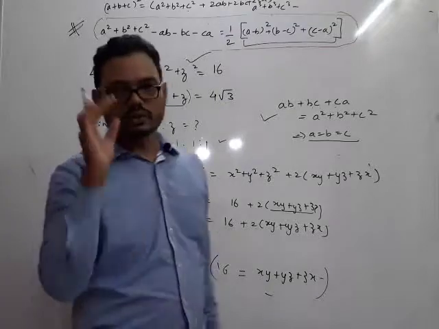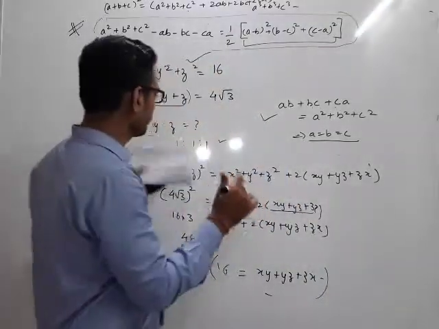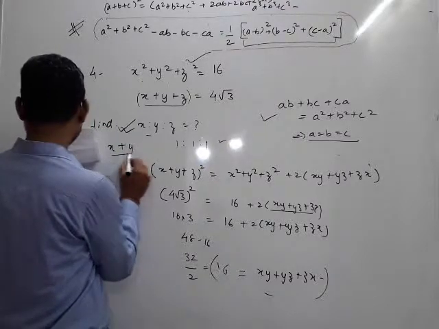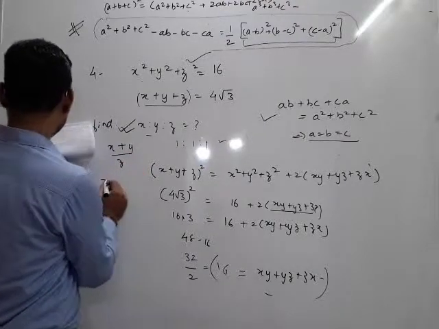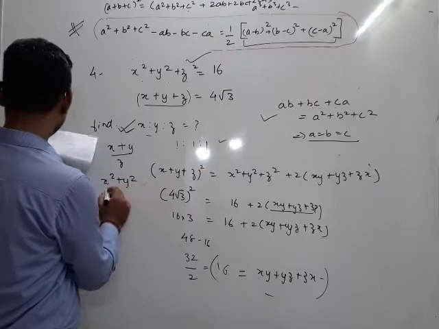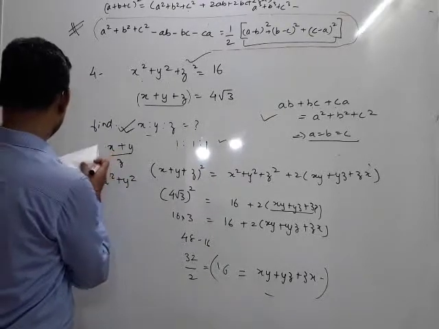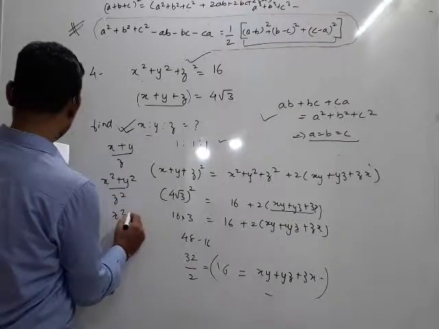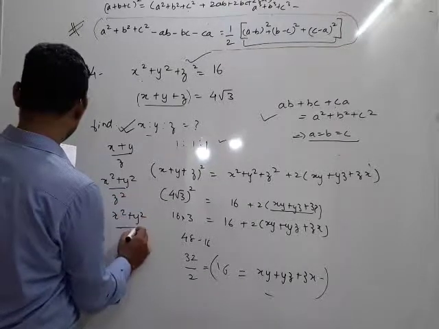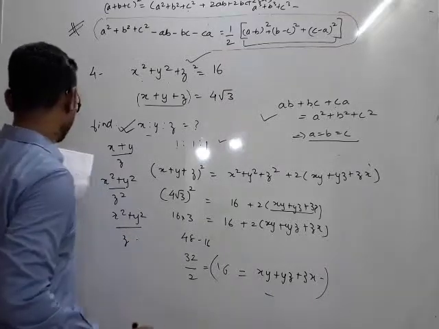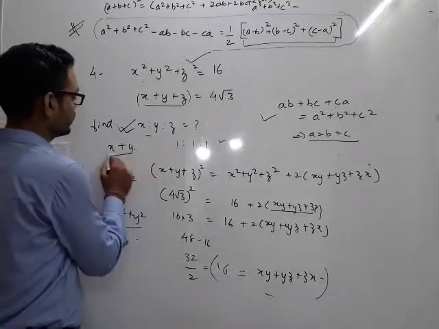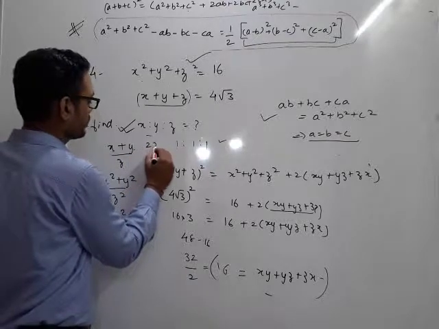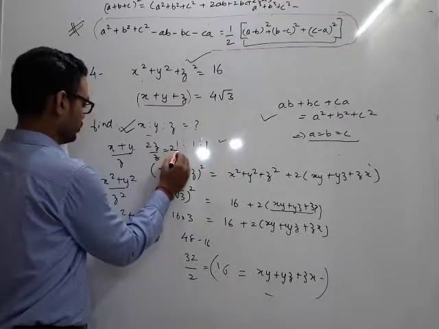I hope you have understood how it's been asked. Similarly, they can ask similar such questions, like find x plus y upon z, or x square plus y square upon z. Once again, as we all know, x, y and z all three being equal, it will be twice of z by z, which is 2.